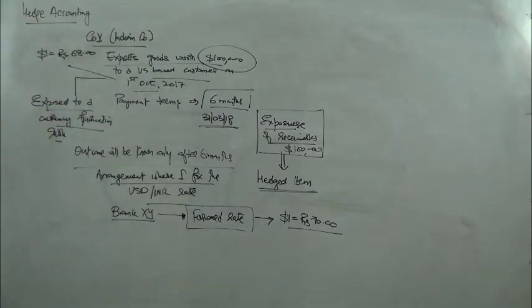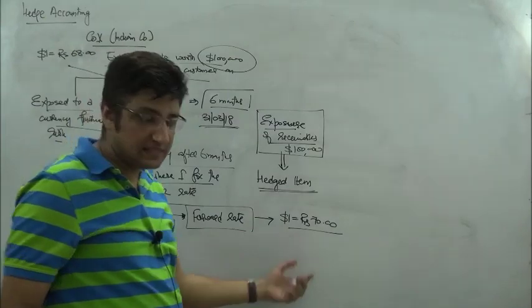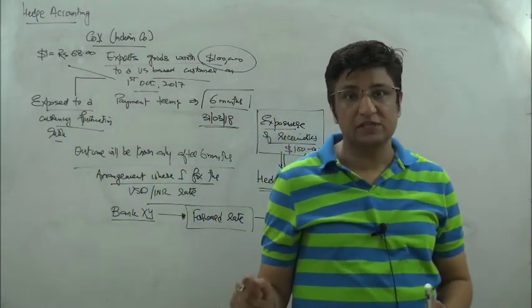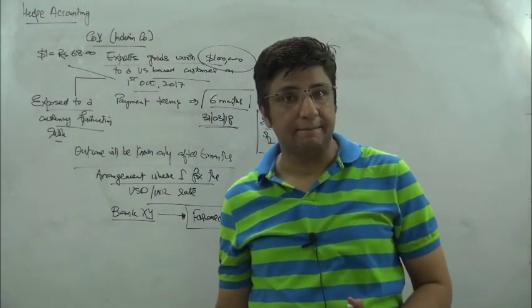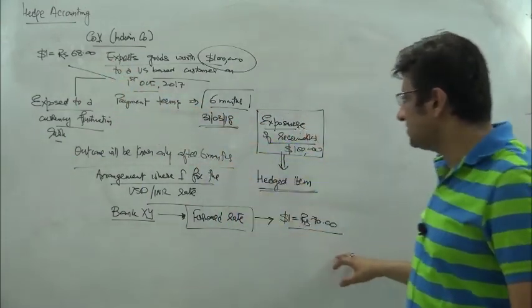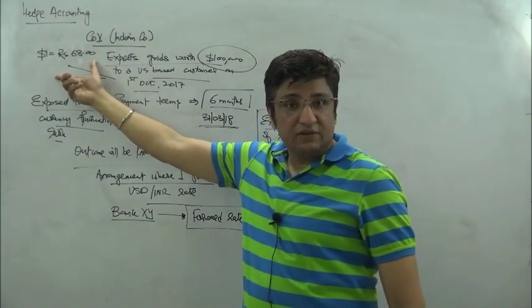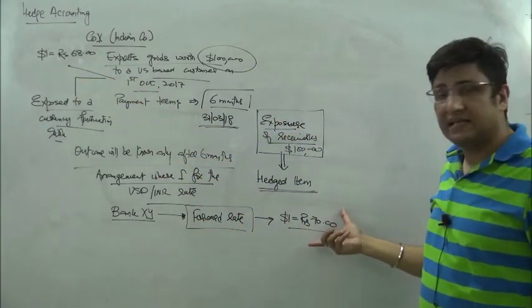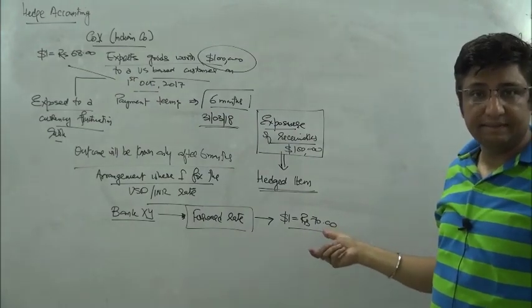Now, effectively, what does it imply? That I'm making a sale on 31st of March at 68 rupees per dollar. With this agreement, I'm assured that I will receive 70 rupees per dollar in 6 months' time, which of course means that there is bound to be a profit of 2 rupees between the date of sale rate and the realization of money on this date, right?